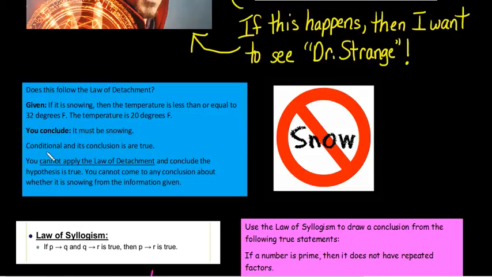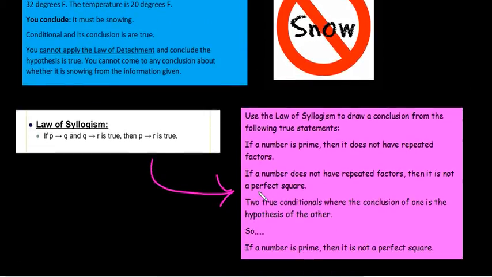Your conditional and its conclusion are both true, but you cannot apply the law of detachment and conclude the hypothesis is true. You cannot come to any conclusion about whether or not it's snowing from this given information.